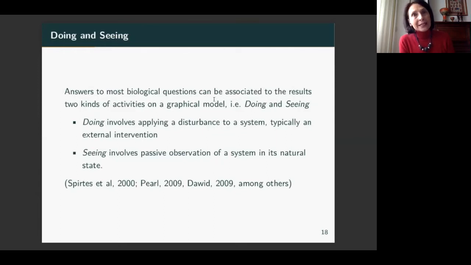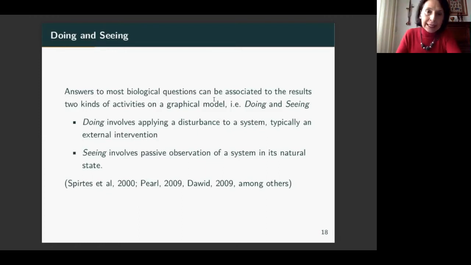Doing involves essentially applying a disturbance to a system to study its effect, typically an external intervention. Saying involves a kind of passive observation of the system in its natural state, so kind of a steady state. And typically this observation comes in different experimental conditions, and the interest is in comparing the conditions.